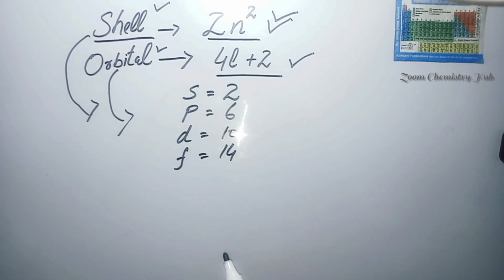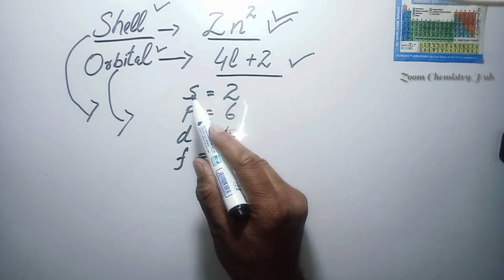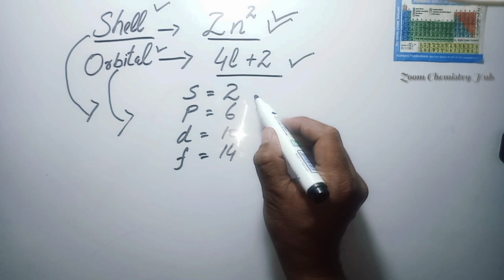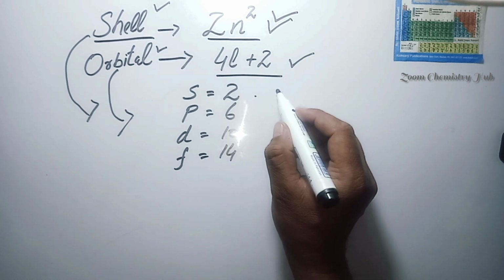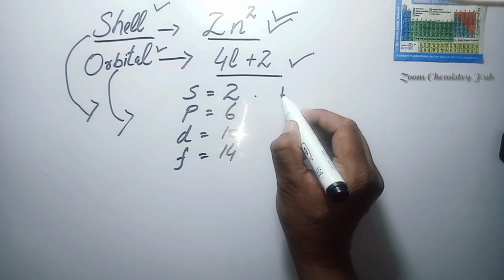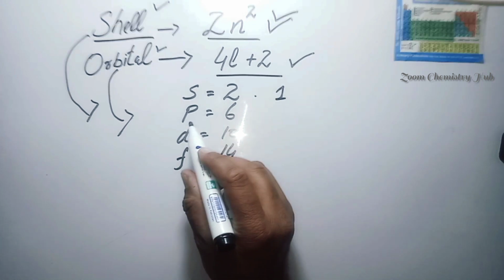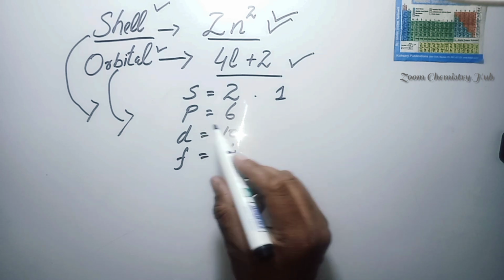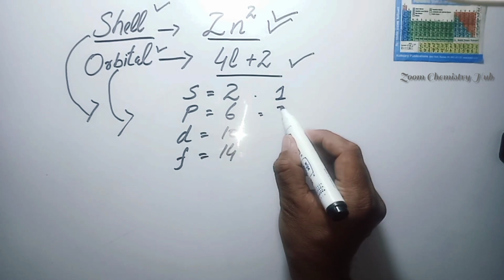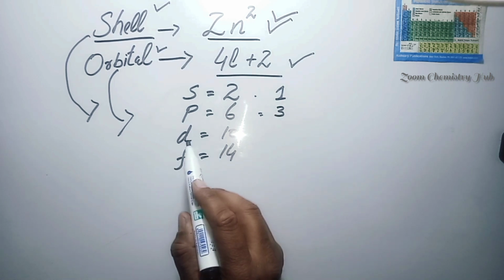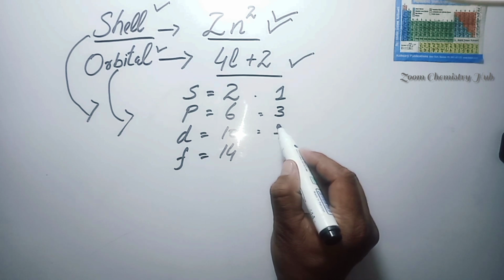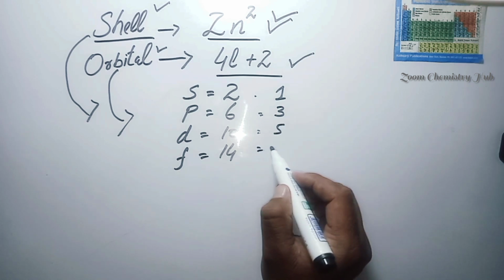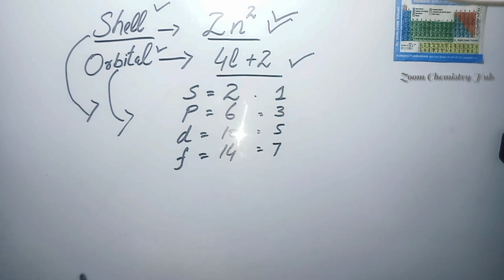And we know that the s subshell has a single orbital, the p subshell has 3 degenerate orbitals, the d subshell has 5 degenerate orbitals, and the f subshell has 7 degenerate orbitals.